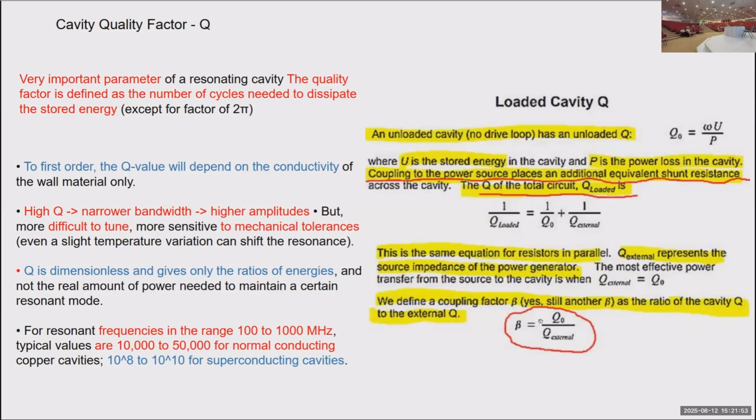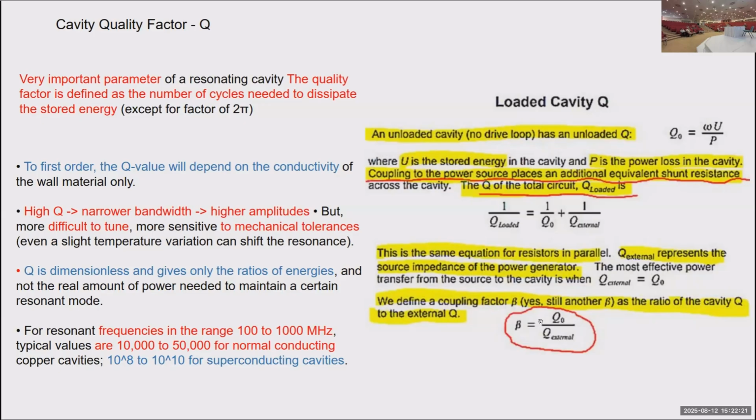If they are talking about Q0, this means the unloaded cavity. Let's go to the definition first. The quality factor is defined as the number of cycles needed to dissipate the stored energy.